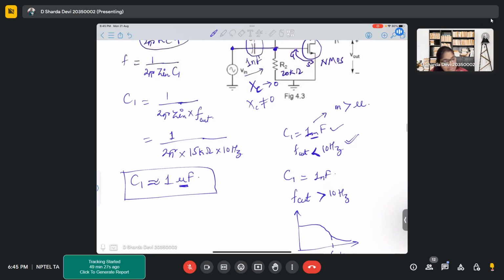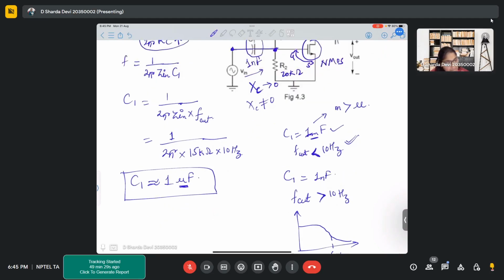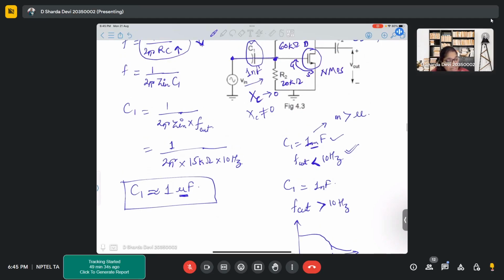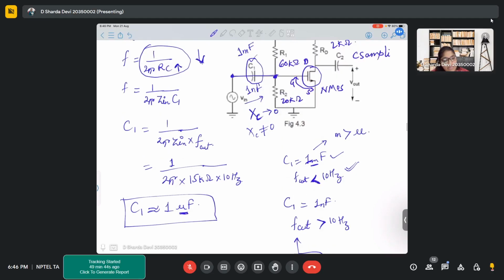So here what we are saying is that for a 1 millifarad capacitor, the cutoff frequency is lesser than 10 hertz and your signal is a 10 hertz signal. So what will happen? Will your capacitor let this pass or will it block it?